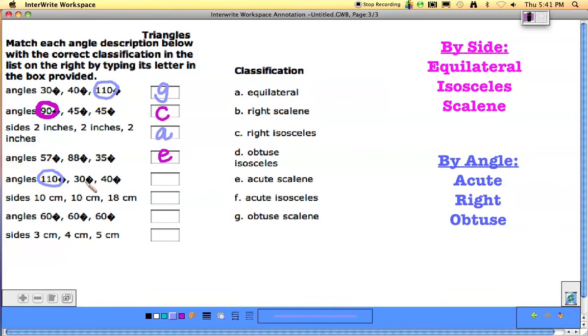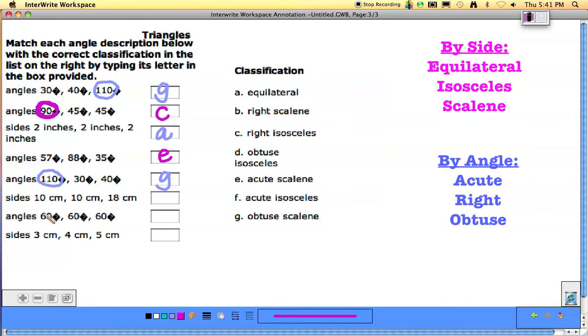And then the other 2 angle measurements are all different, okay? So I'm looking at an obtuse triangle that has all different angle measurements, which means that it's going to have all different side measurements. The triangle that has all different side measurements we call scalene. So this is an obtuse scalene triangle.